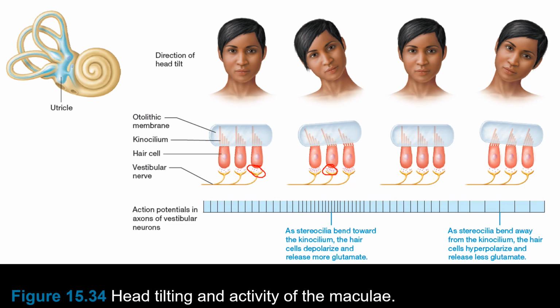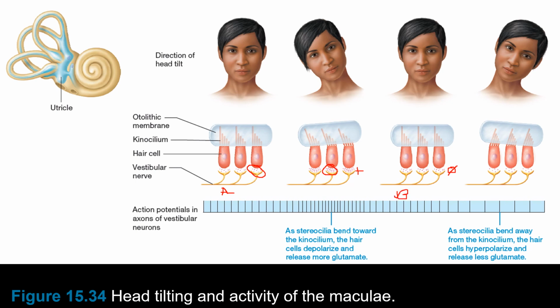It's continuously releasing some, and then the stereocilia bend toward the kinocilium, increasing production. And then she tilts her head back upright, so now the stereocilia are not bent, and so there's no net change here between point A and point B, right?